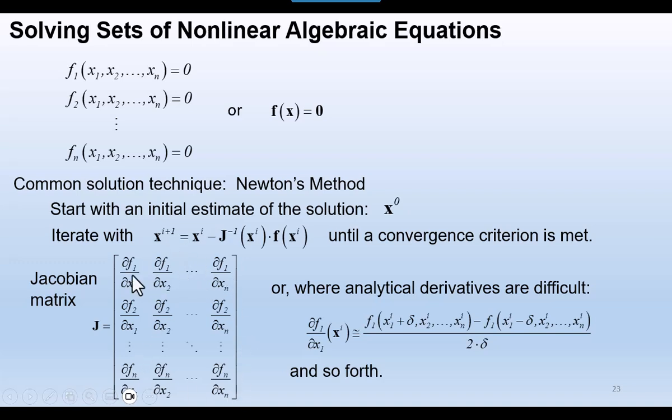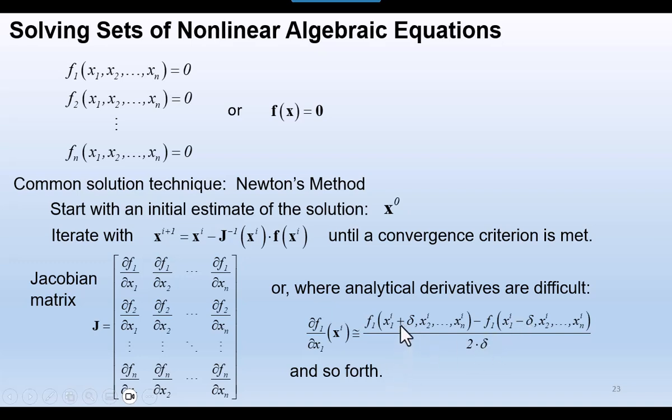But it is a big matrix which in some cases can be described analytically if we're able to take partial derivatives of these functions. Sometimes that's too complicated or not possible, so we use a numerical approximation to the derivative in the Jacobian matrix that we get by perturbing one of the unknowns.